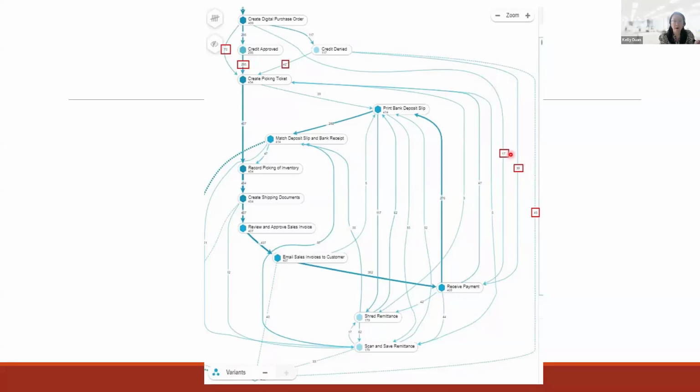However, if you look very closely here, we can see there are 42 transactions actually flowing from credit denied to create picking tickets. And there are 30 transactions flowing from credit denied to receive payments. So these transactions indicate some potential issues that require further investigation.